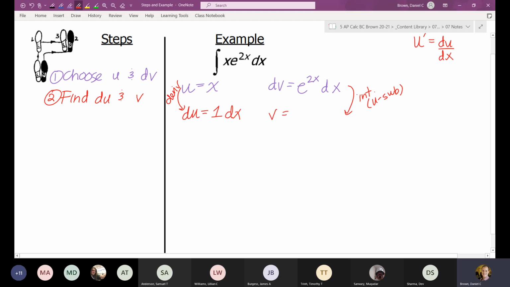The integral of e to the 2x, my u is this 2x, so u prime is 2. And again, I would probably do most of that in my head. The coefficient would be 1/2, and then e to the u. Do not need a plus c when we're setting it up. We're not going to use our plus c until the very, very end. Step 3, we're going to go back and use that formula.